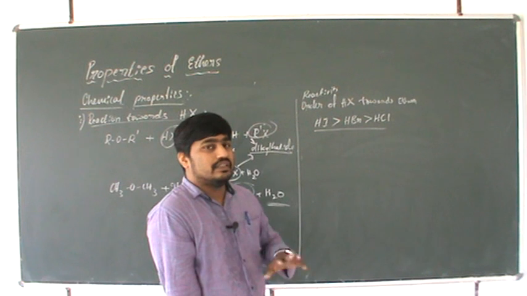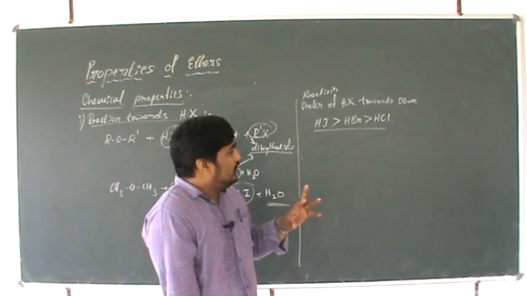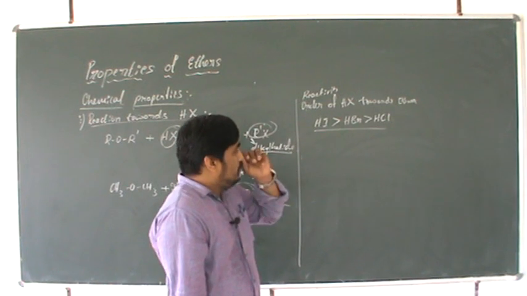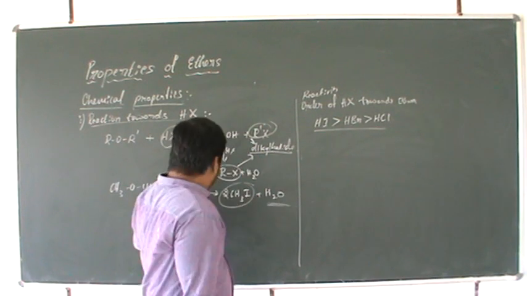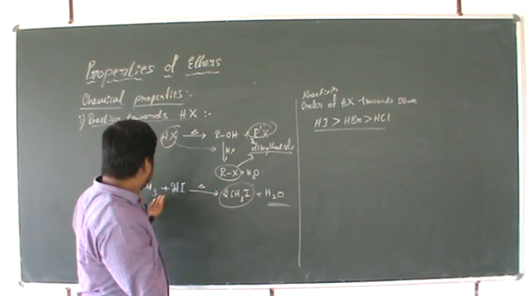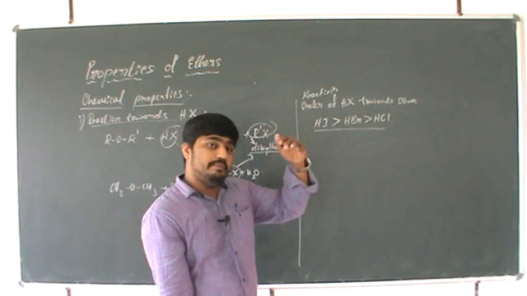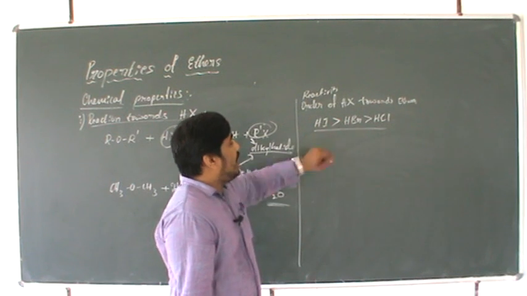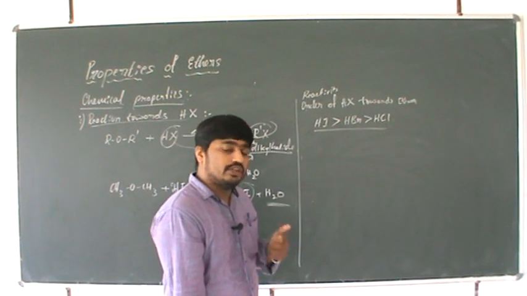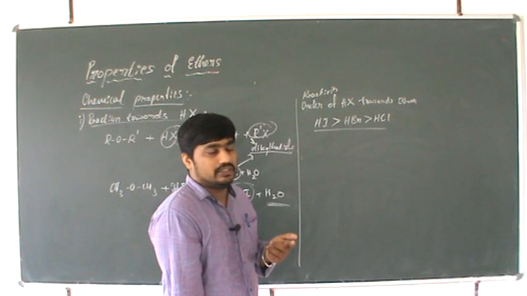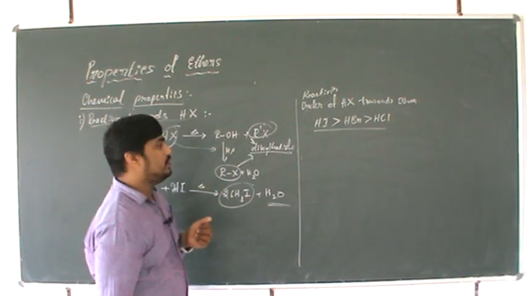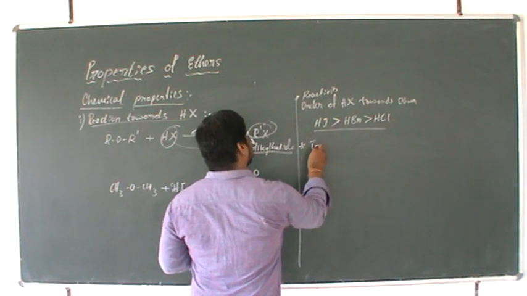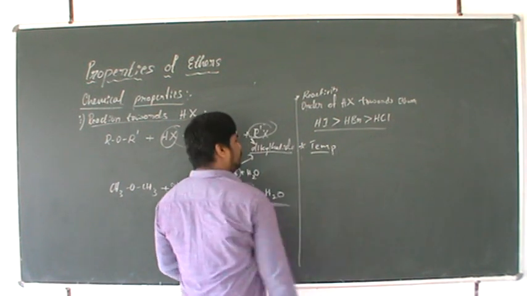Towards ether, the requirement of the order is for the study of the different reactions. If we consider the higher number of ether, then we need hydrogen iodide for the conversion to alkyl halide. One condition, and the second condition is temperature.